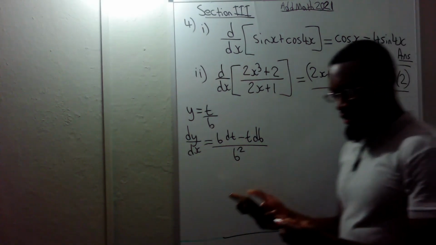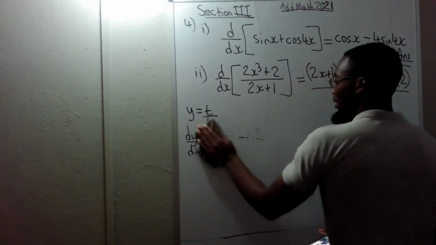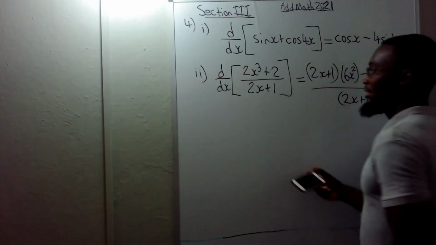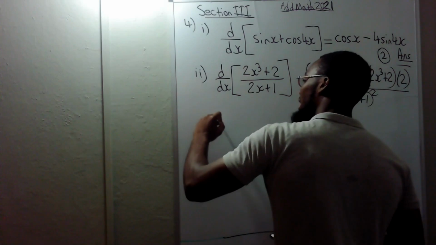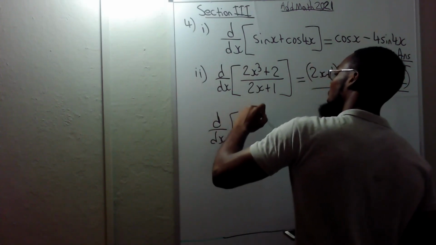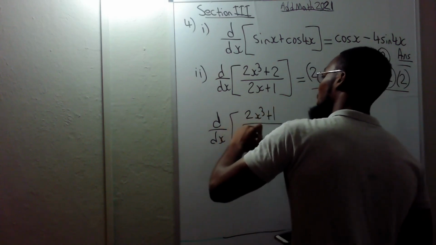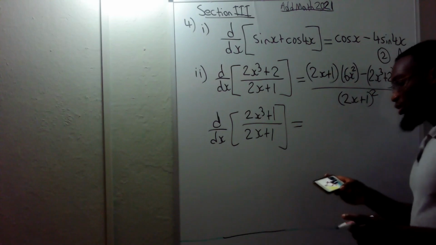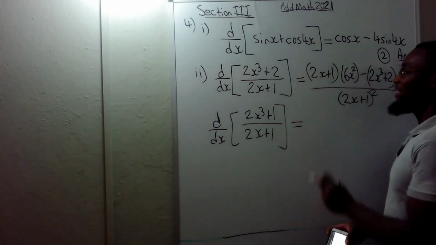That's quotient rule. So let's finish that off right there, guys. So what we get now is d by dx of 2x cubed plus 1 over 2x plus 1. Using quotient rule, we just need to simplify this now.